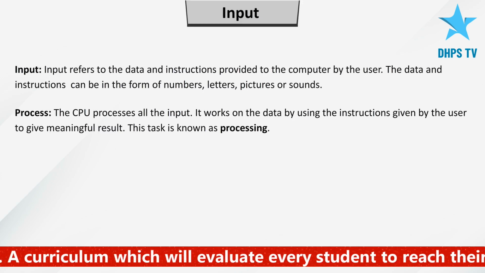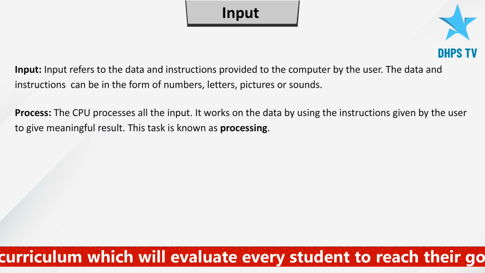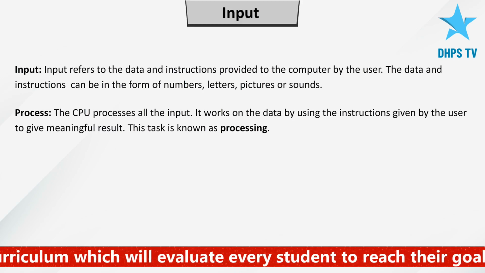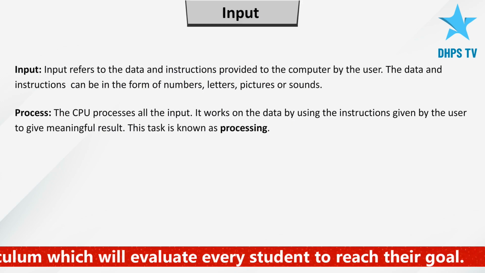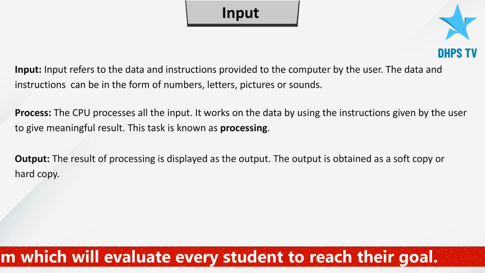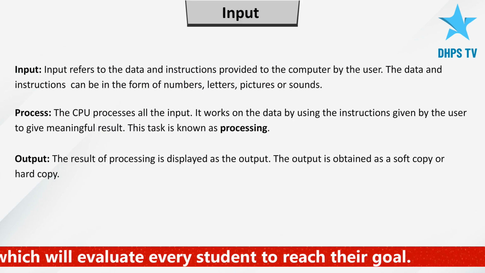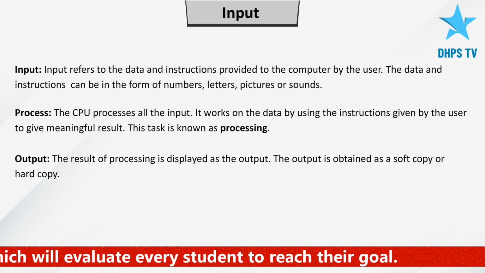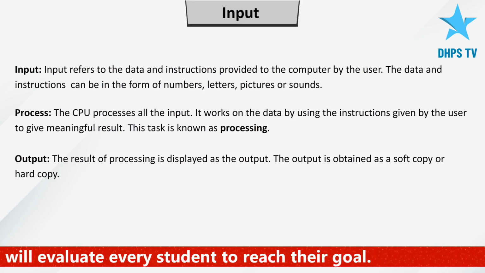It works on the data by using the instructions given by the user to give meaningful result. This task is known as processing. Output. The result of processing is displayed as the output. The output is obtained as a soft copy or hard copy.